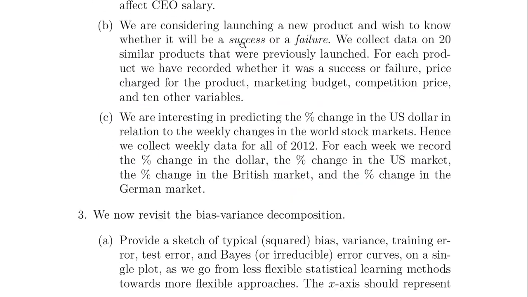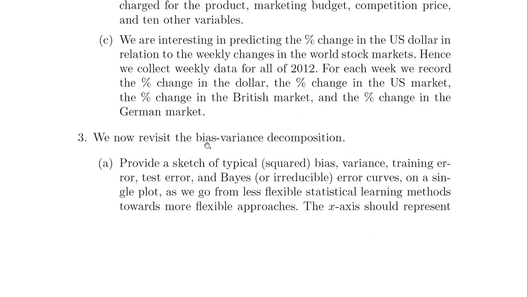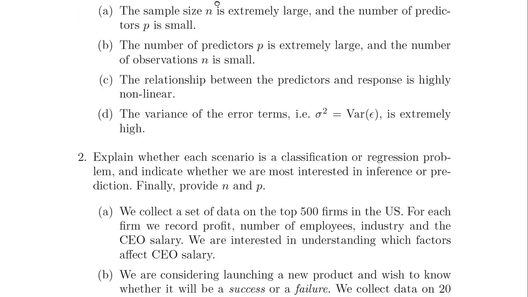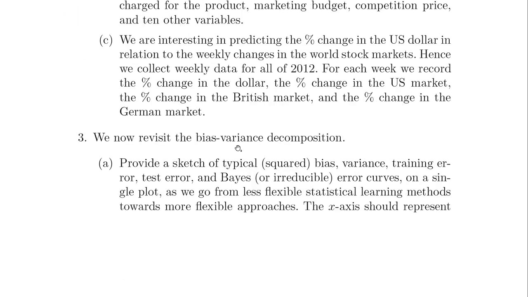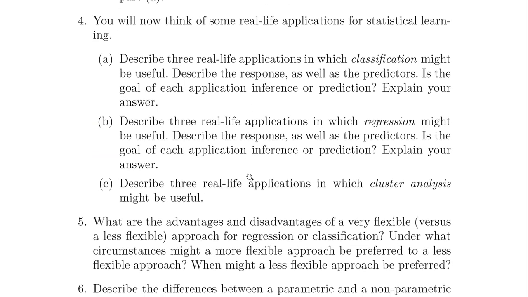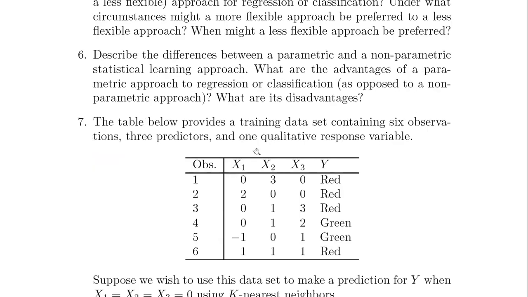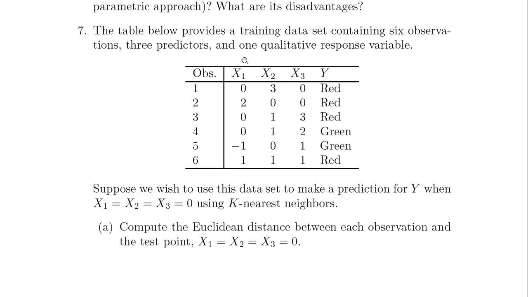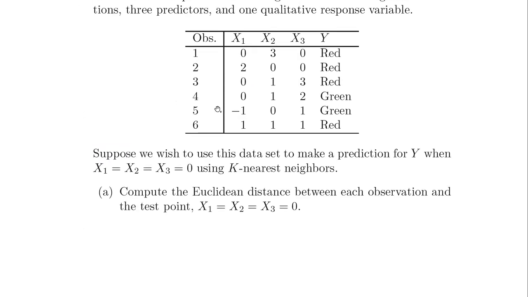As soon as you see, we wish to know whether it will be a success or a failure, it's pretty obvious, right? Bias-variance decomposition. I think this is where maybe we struggled a little bit. Real life applications. This is the k nearest neighbors. This would be fun.